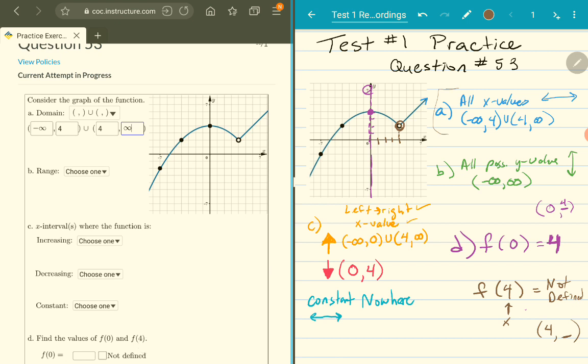Okay, now my range goes from negative infinity to infinity. So that's a single open bracket interval.